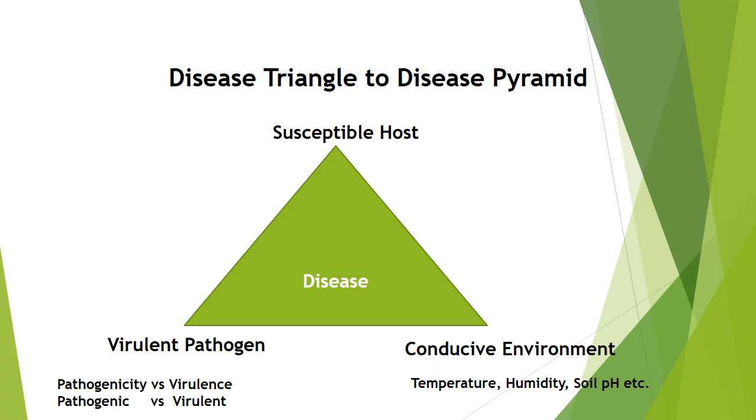But before the susceptible host, I would like to talk about what a host is. A host, in the case of plants, is a plant which is able to provide nutrients to the pathogens. Not every plant is the host of every pathogen. Rather, there is a kind of specific interaction, and a certain plant only provides nutrients to a certain pathogen.